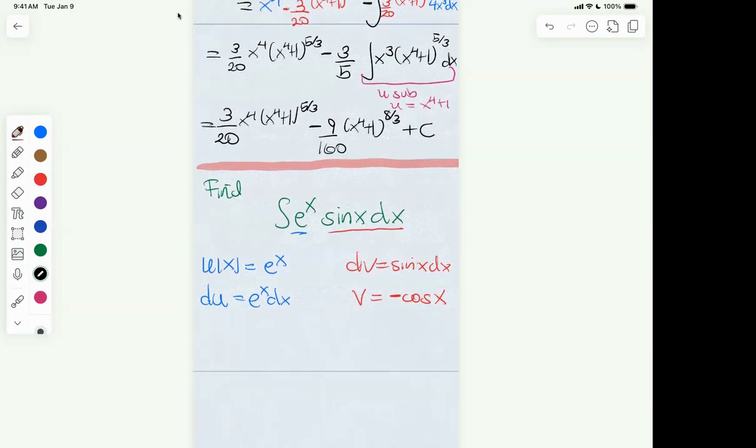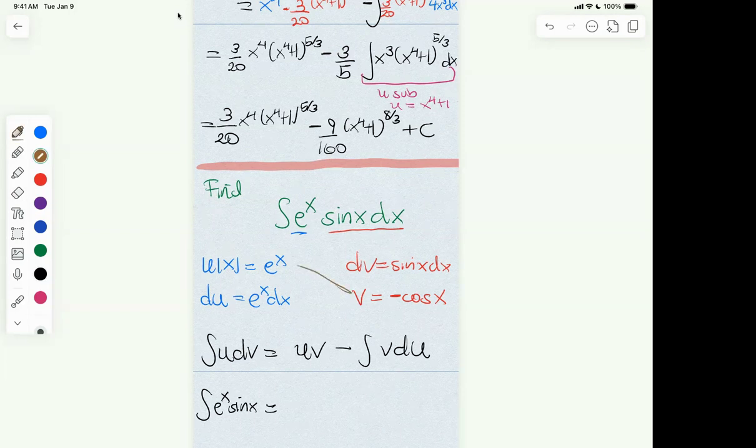So again, what integration by parts says is like ultraviolet voodoo. So ultraviolet is UV, and the voodoo is VDU. So this is telling you that the integral of e to the x sine of x is UV, so again, it's kind of like the diagonal.